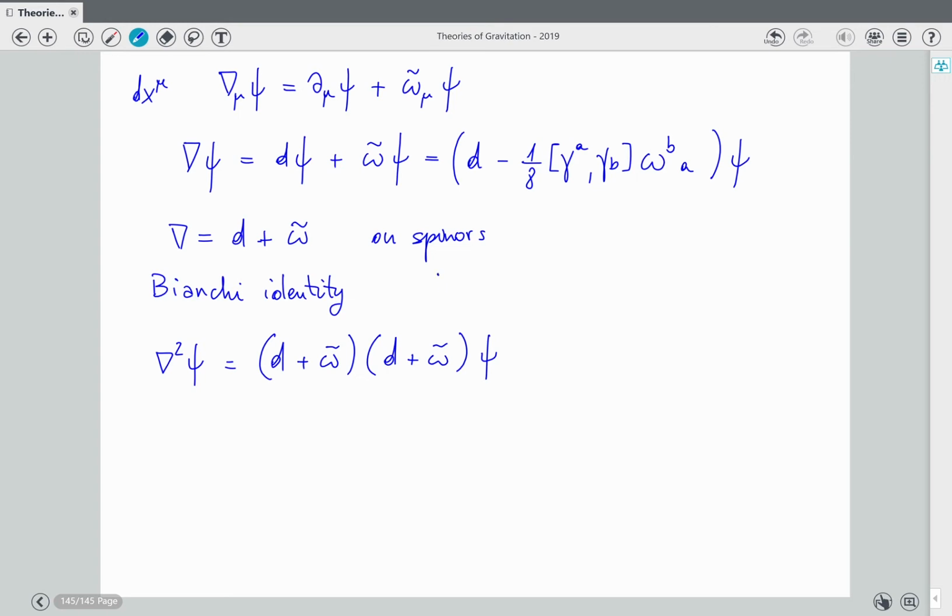First I write the result. We will check if we need some assumption, namely, do we need metric compatibility, torsionless condition.